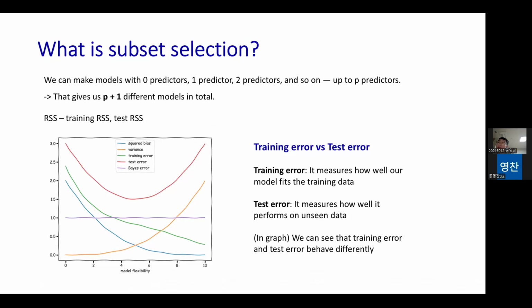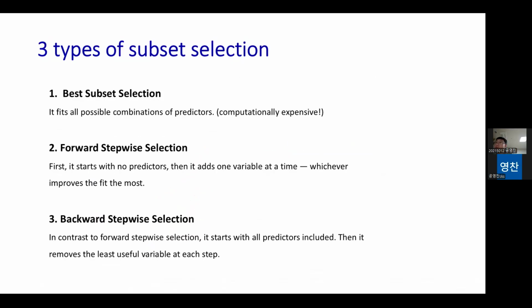The best model, therefore, is not the one with the smallest training RSS, but the one whose test RSS is at its minimum. This is the key idea behind model selection. We want the model that generalizes best, not just the one that memorizes the training data. Let's go to the next slide.